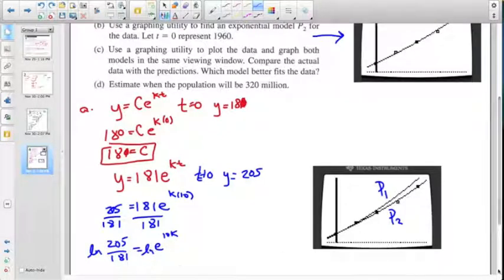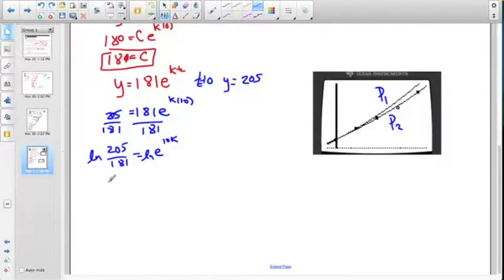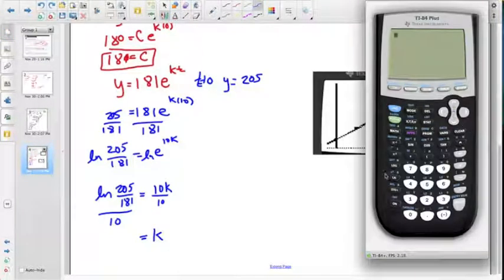We end up with natural log of 205 divided by 181 equals 10k, and then we can divide each side by 10, and we end up with a growth constant of the natural log of 205 divided by 181, divided by 10.